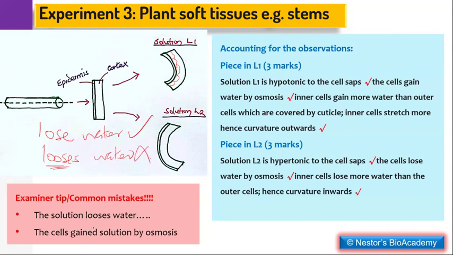And again, avoid referring to the fact that the cells gained the solution by osmosis, because when you talk about gaining solution, that is now not osmosis, because osmosis is exclusively movement of water molecules or solvent molecules, not solution. Again, critical for you to understand that.